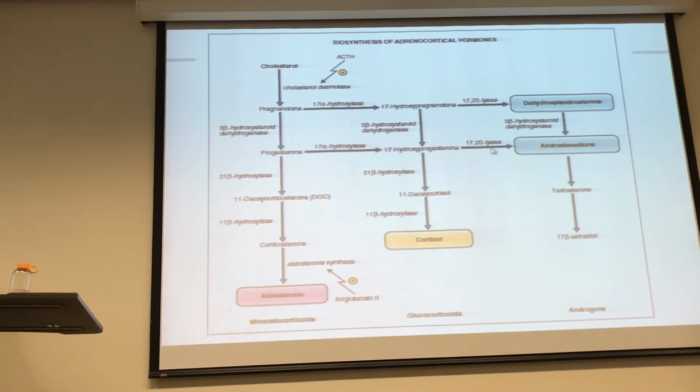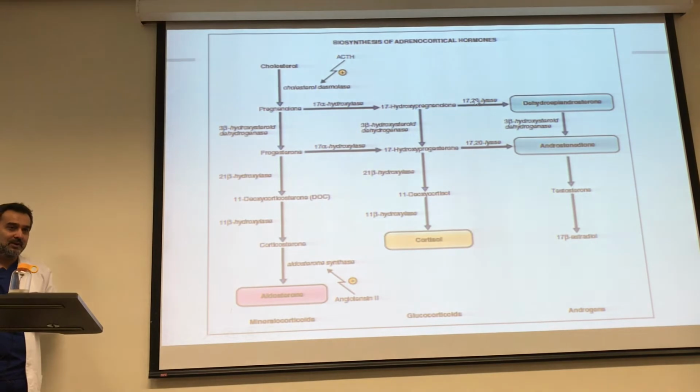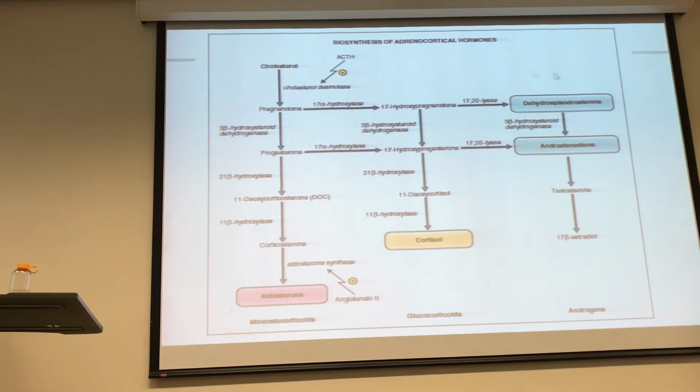And then you need this lyase, 17-20 lyase, which removes carbons 20 and 21 from the 17-hydroxyprogesterone and 17-hydroxypregnenolone, converting them into dehydroepiandrosterone or androstenedione respectively.